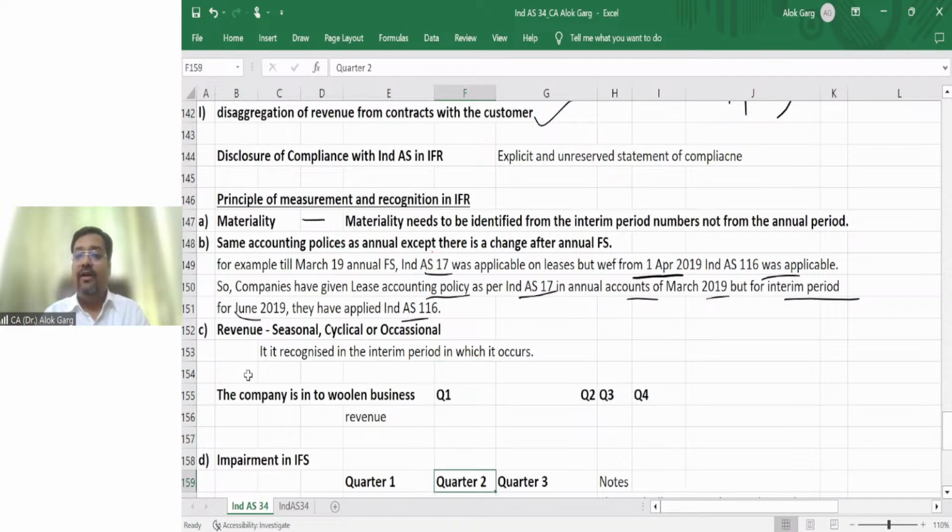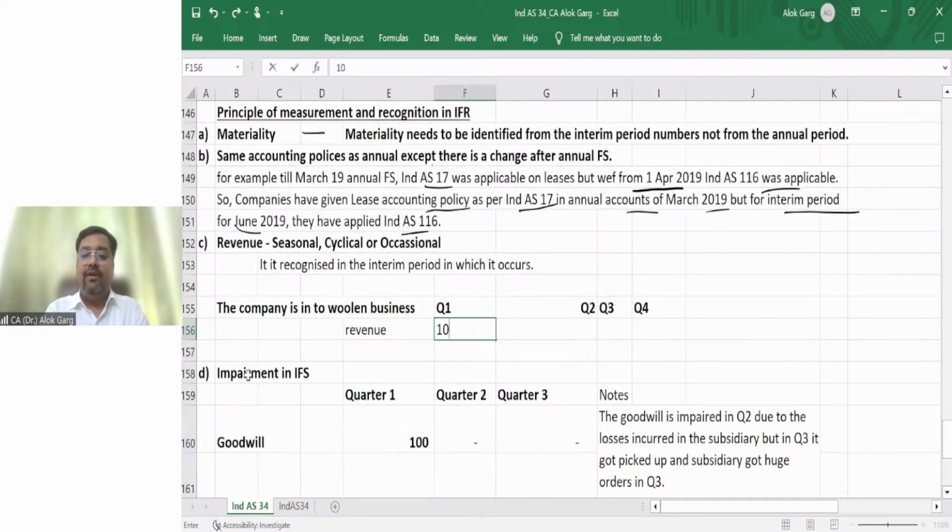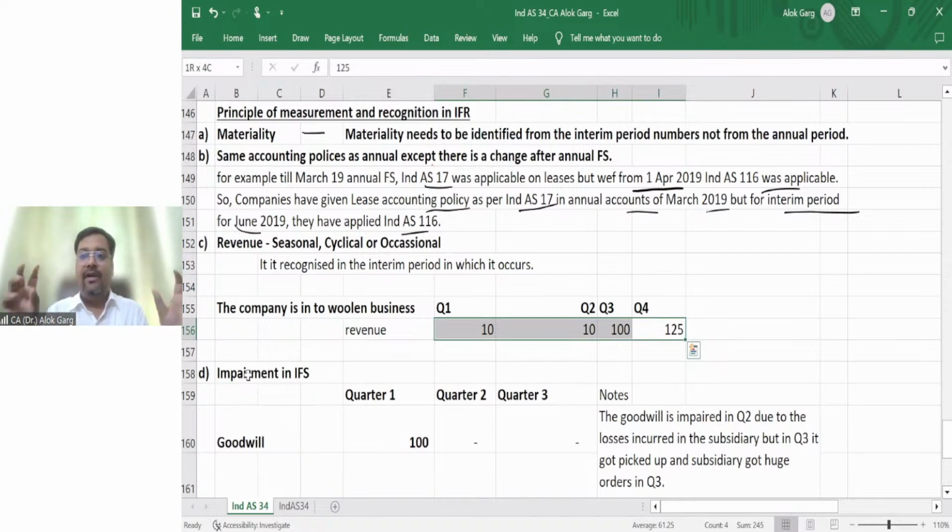For example, for the woolen industry, in the first quarter, the revenue is 10 crore only. In the second quarter, the revenue is 10 crore. In the third quarter, the revenue is 100 crores. In the fourth quarter, the revenue is 125 crores. It is not like the entire revenue has to be consolidated, estimated, and then bifurcated into 4, and then the same revenue recognized.